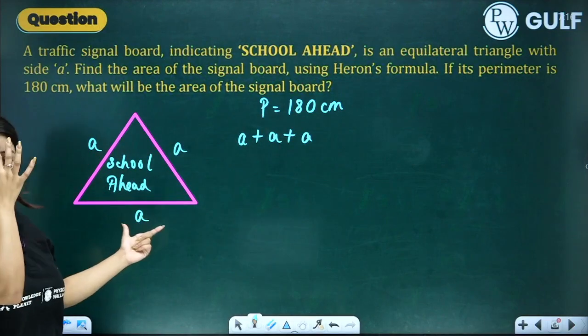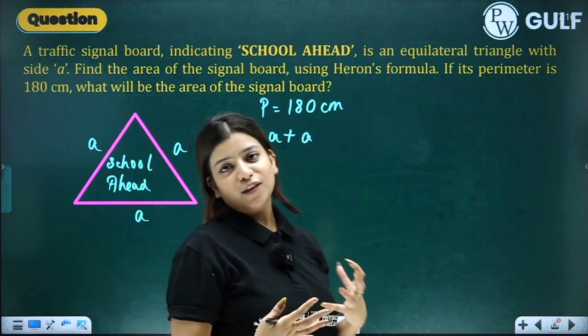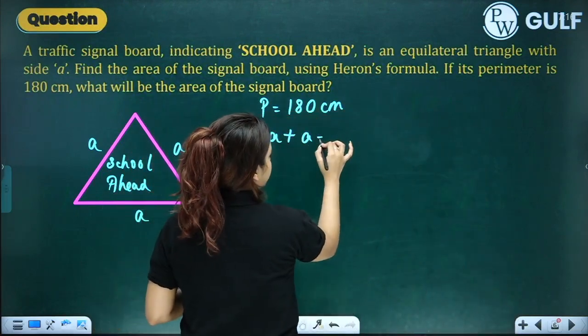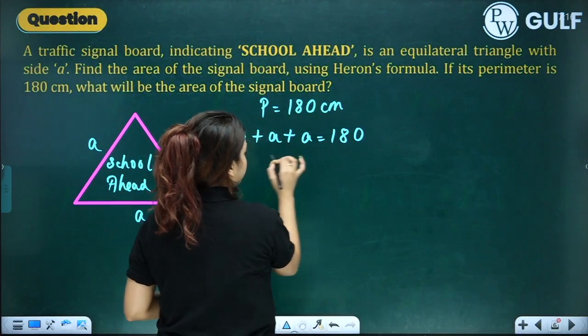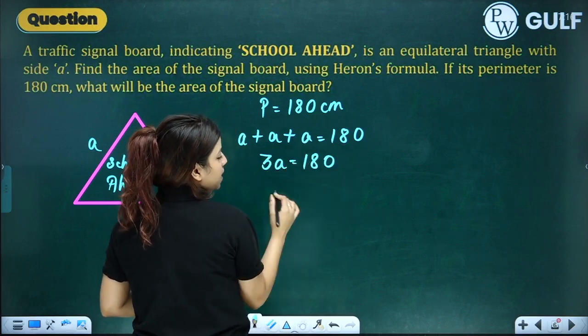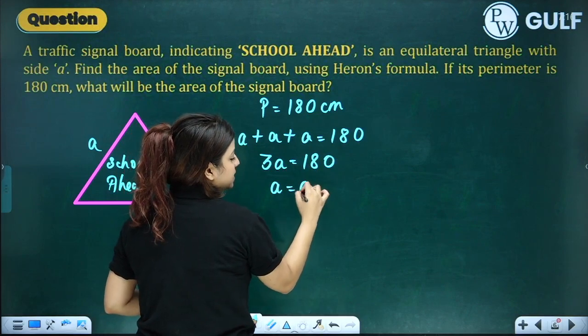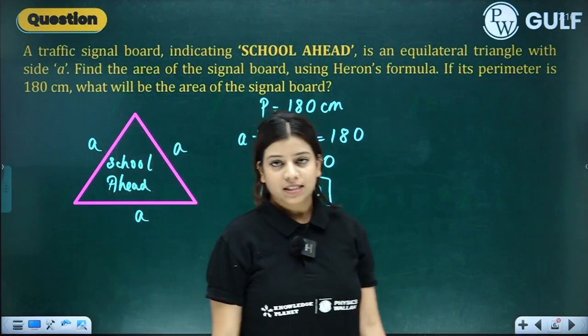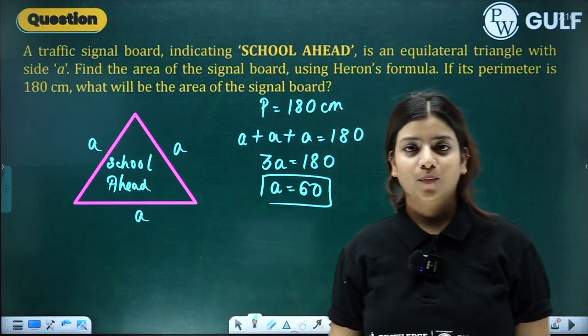Because this is an equilateral triangle and all the sides of this triangle are the same. So 3A is equal to 180 centimeter, right? And A, the side of the triangle, comes out to be 60 centimeter.